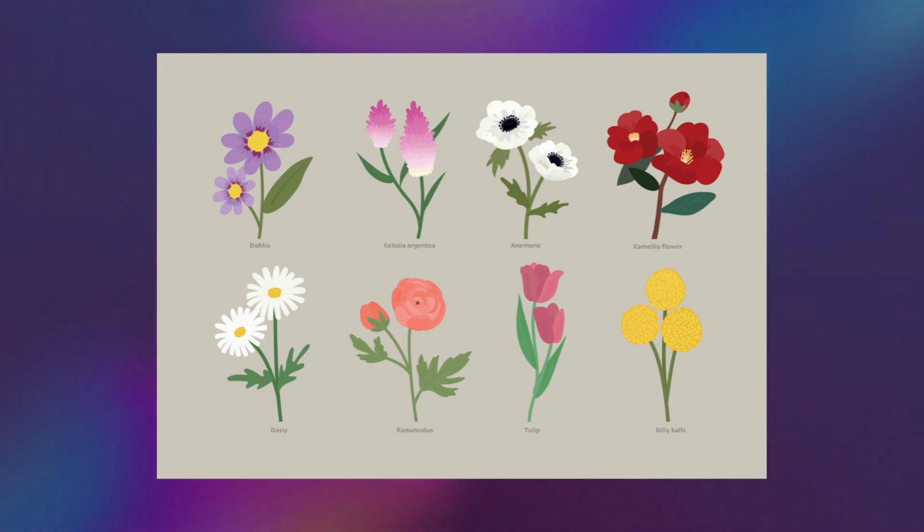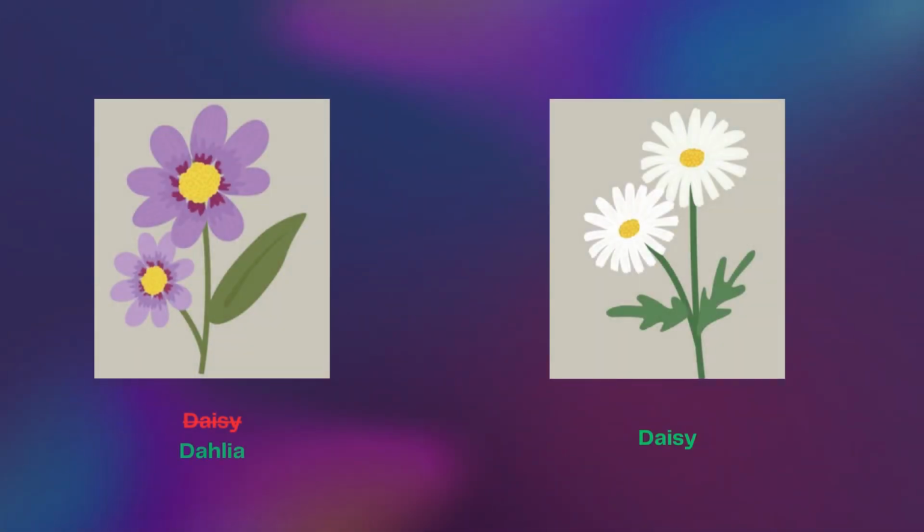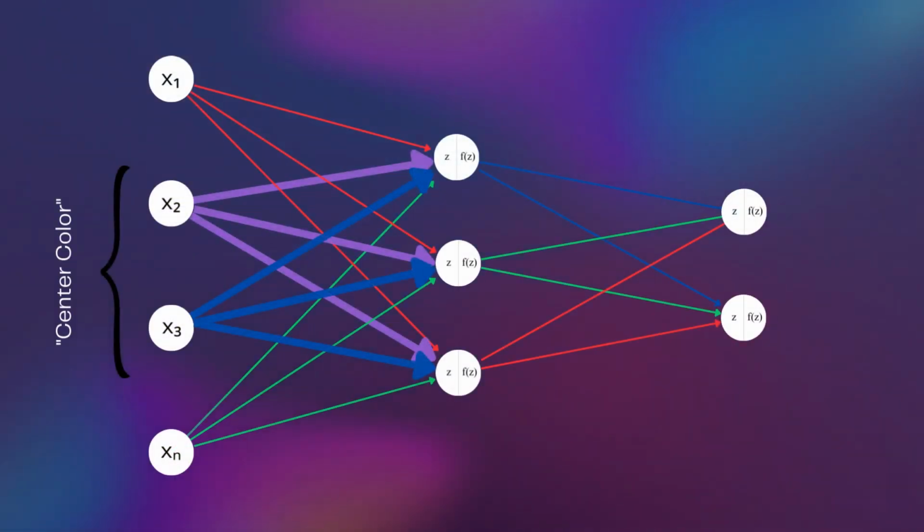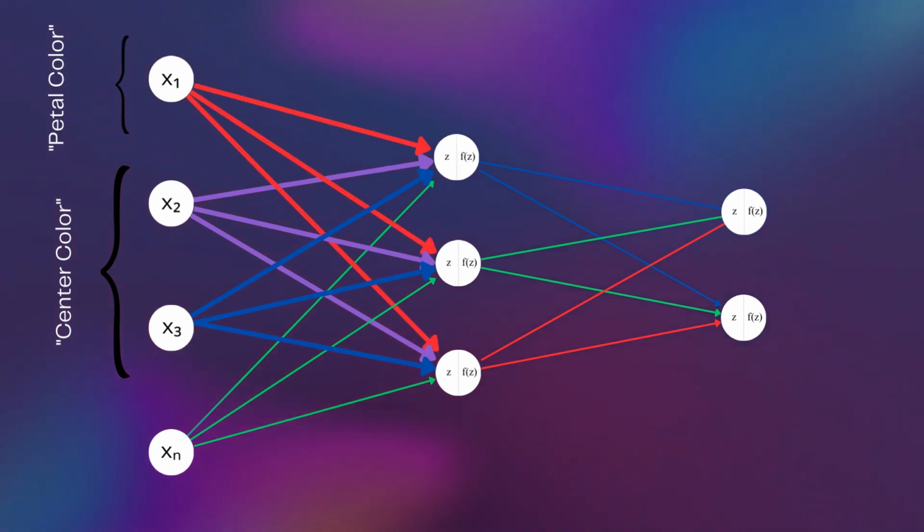So, if the flower has a yellow color in the center, you know for sure that it's a daisy. But then, you begin to erroneously claim that a dahlia is a daisy. This is due to the fact that your decision was strongly influenced by the color of the center. And we can see this information numerically as a great weight associated with the input center color. We must therefore change the way we rely merely on the color of the center and consider the color of the petal, for example, a little bit more.